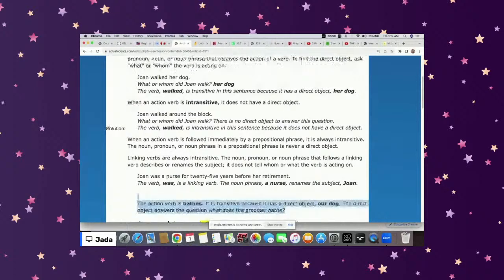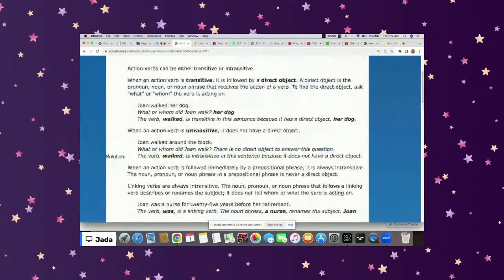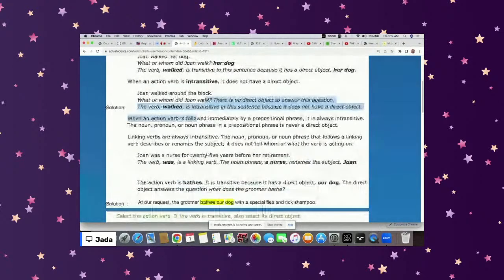So, let's see. Just take note of the transitive and intransitive, and when it is a prepositional phrase, it is always intransitive. So when you see prepositional phrases, it's intransitive. And then linking verbs are always intransitive also. So when you have a linking verb like was, it's intransitive. So let's see some questions.